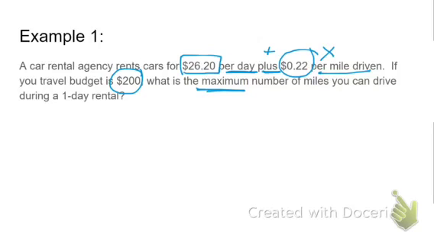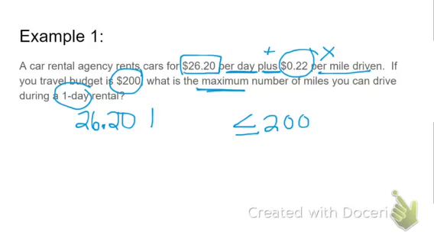That means that we have to spend less than $200, or we can use exactly $200. So we're going to say $200 is our grand total, and that is the most we can spend, but we can include that. Then, because they want just a one-day rental, we're going to say our $26.20 for one day plus 22 cents per mile driven. Okay? So that's how we set that up.